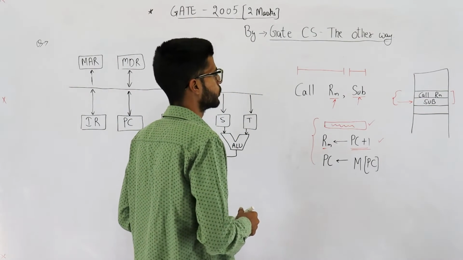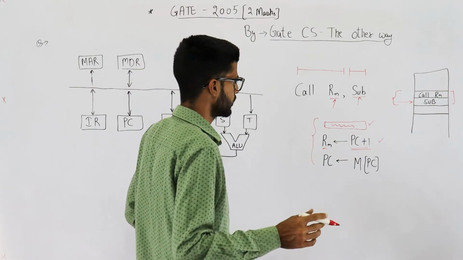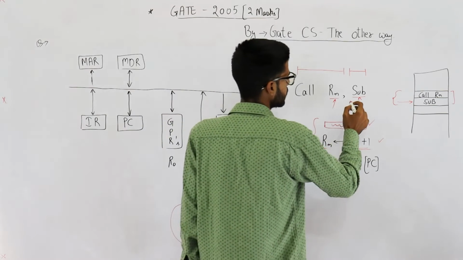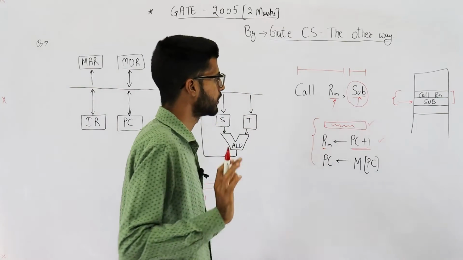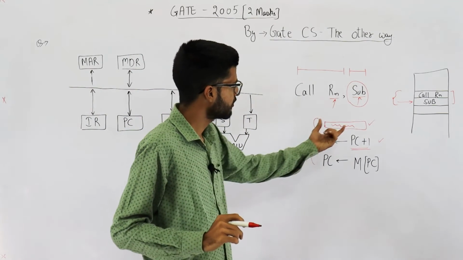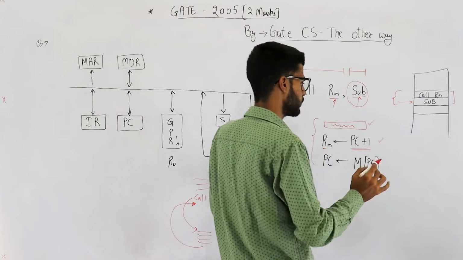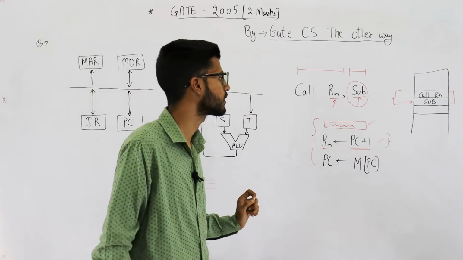So after saving the return address, we need to jump. Where do we need to jump? To this sub. Now you notice we haven't yet fetched this part. PC is pointing here, but the only thing we have done till now is saving the return address.